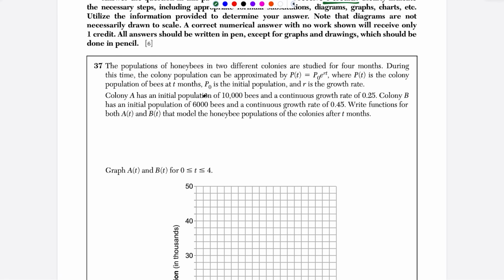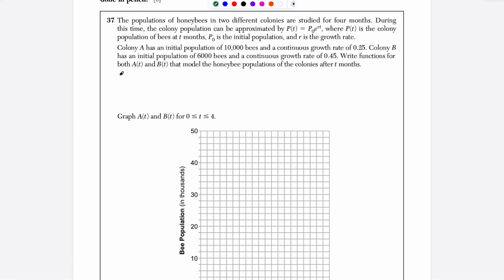Colony A has an initial population of 10,000 bees and a continuous growth rate of 0.25. Colony B has an initial population of 6,000 bees and a continuous growth rate of 0.45. Write functions for both A of t and B of t that model the honeybee populations of the colonies after t months.